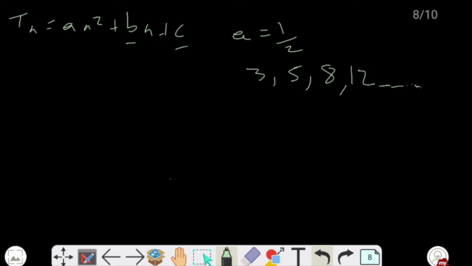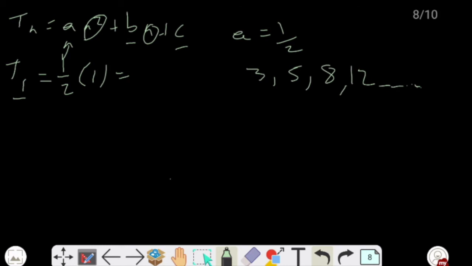you can choose any of those values in that sequence. Let me choose T1, which is our term 1. Remember we had a half as our a, and I chose term 1, so I'm going to substitute the n because our n is 1.